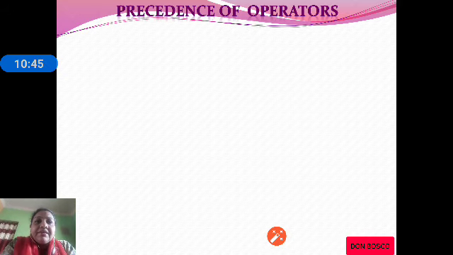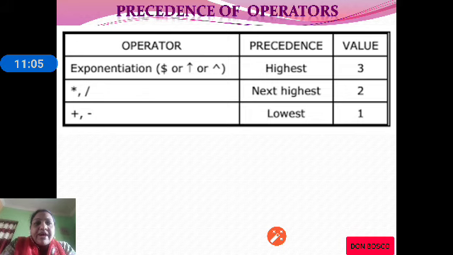Let us see the precedence of operators. The highest precedence is exponents, and the precedence value is 3.